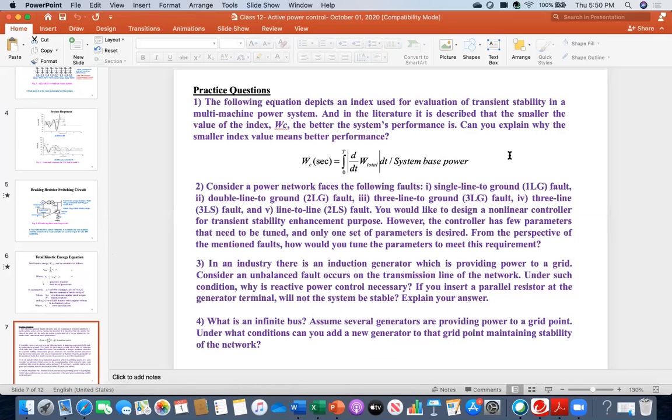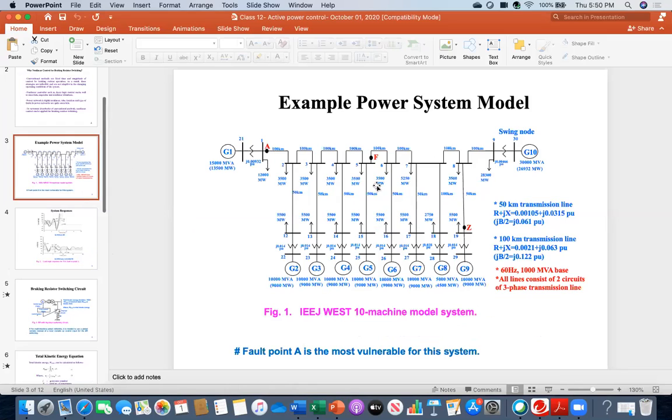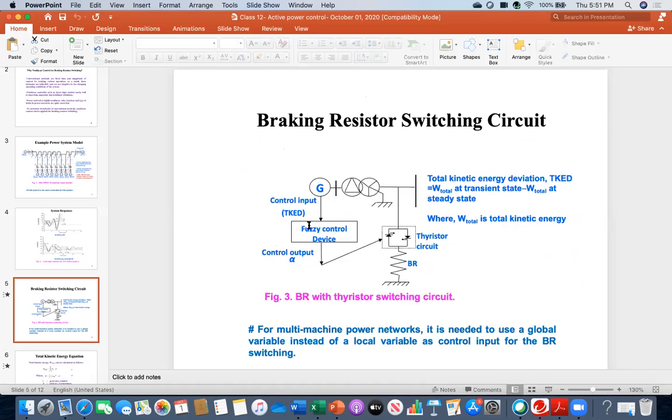Now, to evaluate this type of big system, because we are studying transient stability in this course, definitely you need a criteria. For example, you use the braking resistor, and okay, it is controlling. So how do you understand that this system is working well? What is your criteria? What will you be looking at?